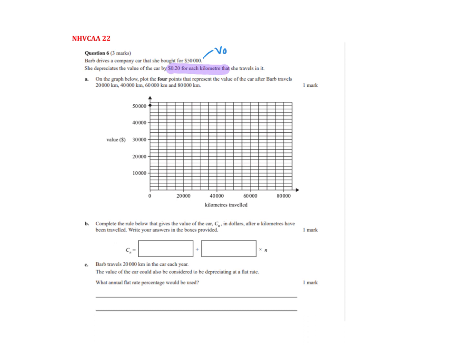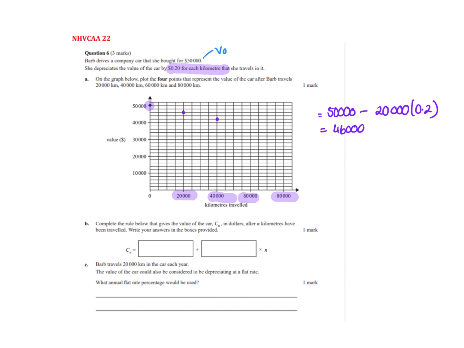Up here they've done the 50,000, and they want you to plot the points of 20,000, 40,000, 60,000 and 80,000. So all you're doing is going 50,000 minus, and the first one would be 20,000 times the 0.2. And what does that end up being?